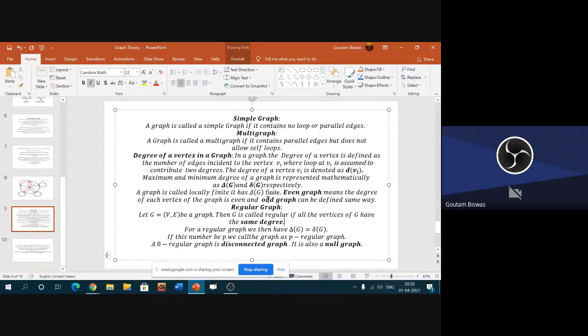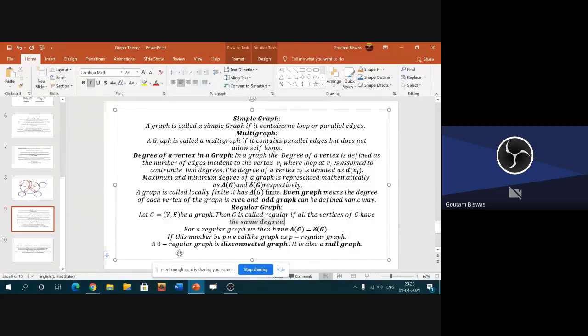Regular odd graph, regular even graph means all the vertices have the same degree. For a regular graph, we then have delta G equal to capital delta G equal to small delta G. Remember this. That is, the maximum and minimum degree are the same. If this number is P, we call the graph a P-regular graph.